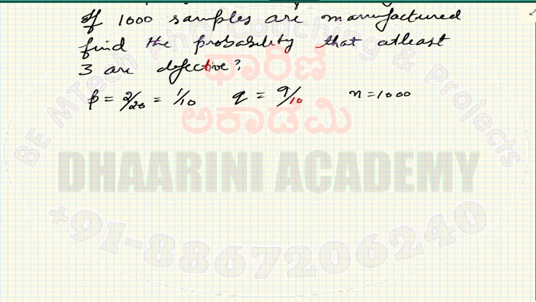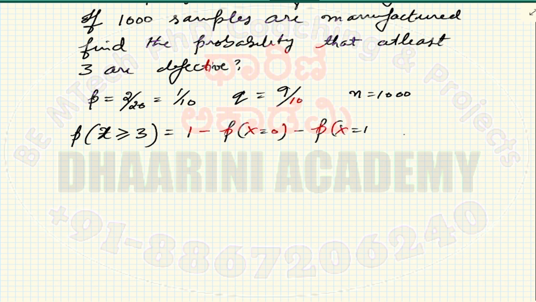N is 1000. Yeah, binomial we can use. The question asked here is P of x at least 3, so greater than or equal to 3. It will go till 1000, so that is difficult. So what we do is subtract from 1: 1 minus P of x equal to 0 minus P of x equal to 1 minus P of x equal to 2.